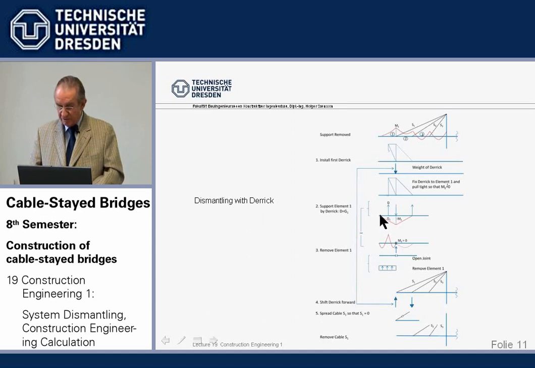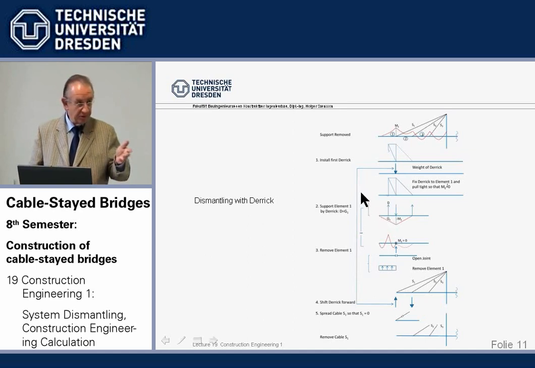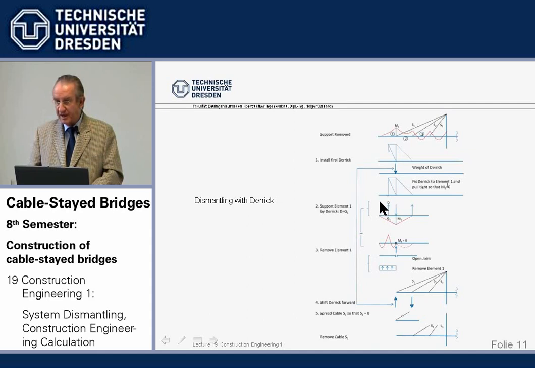Before, we had taken the weight of this section off. Now here, we take also the weight off, but not into the air, or onto the floating crane, to be precise, but we hang the complete weight into the derrick. We achieve the same result we want.